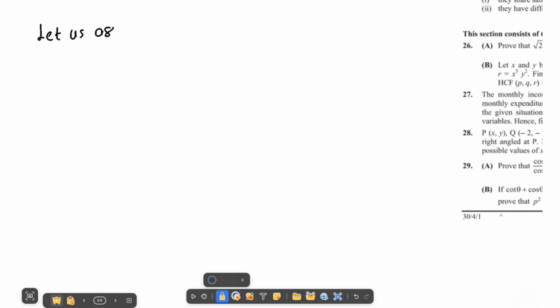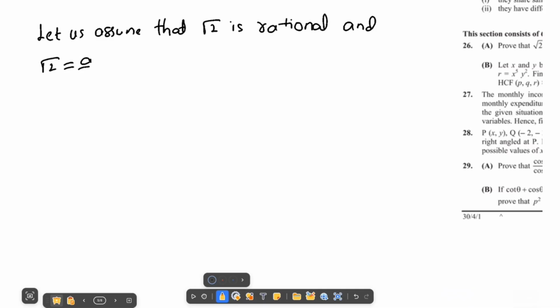Let us assume that root 2 is rational number and it is equal to some a by b, where a and b are co-prime numbers.